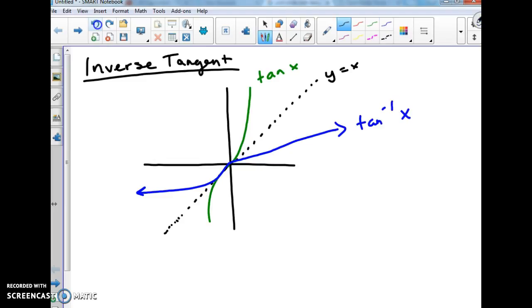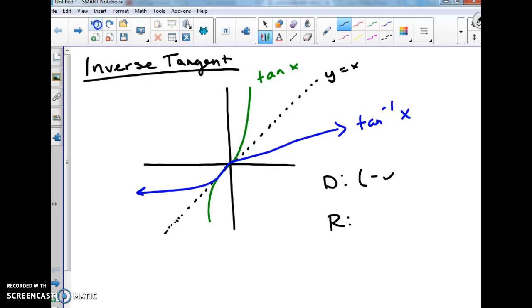So what changes here, our domain gets flip-flopped. Originally, our domain for the tangent values was limited in that we had vertical asymptote lines. Well, now we're going to have horizontal asymptote lines. So like the inverse sine and like the inverse cosine, the domain and range actually just get flip-flopped.